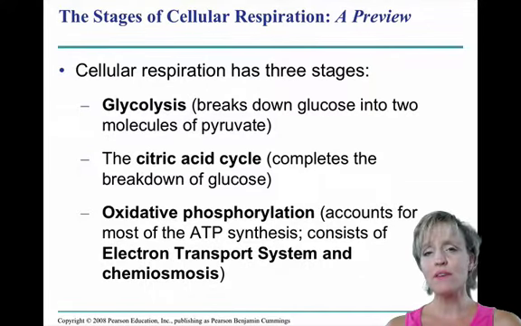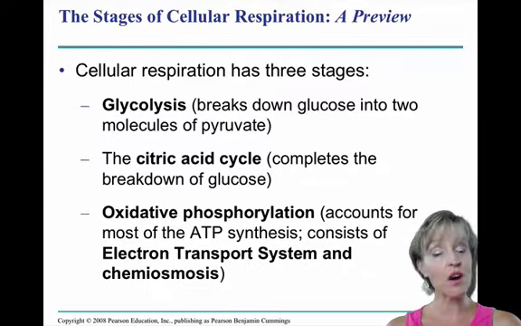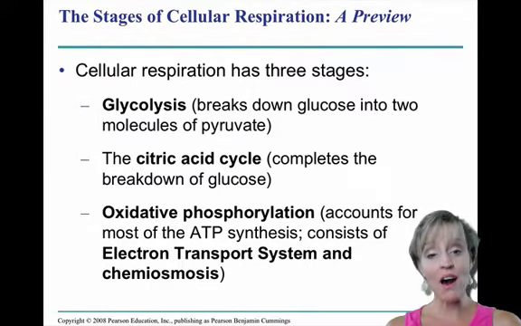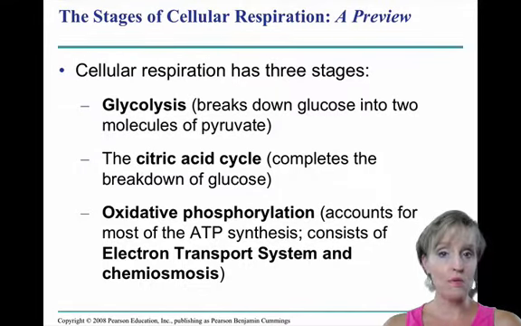Now, oxidative phosphorylation we did not talk about in honors biology, but AP biology just gets a little bigger and a little deeper. Within oxidative phosphorylation, we have two stages. One of those is the electron transport chain, and the other is chemiosmosis, depending on who you listen to.